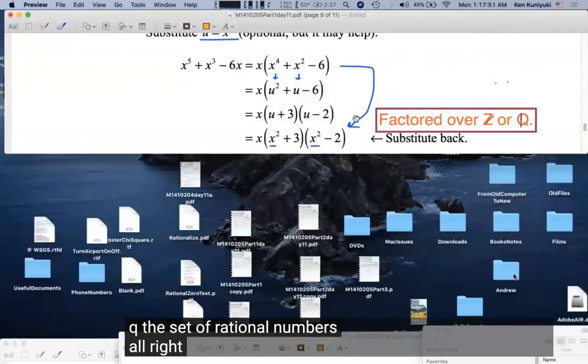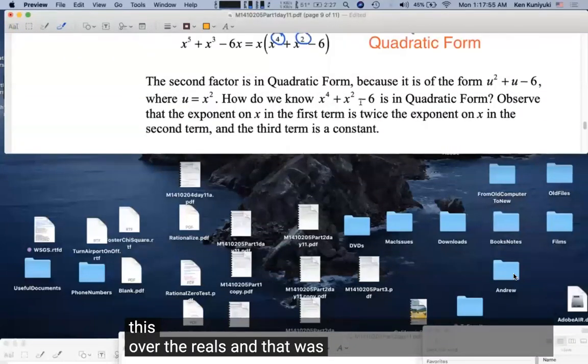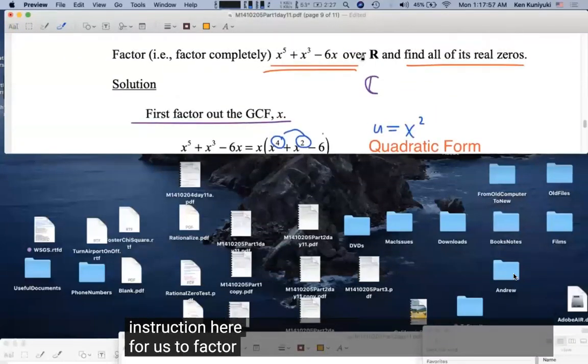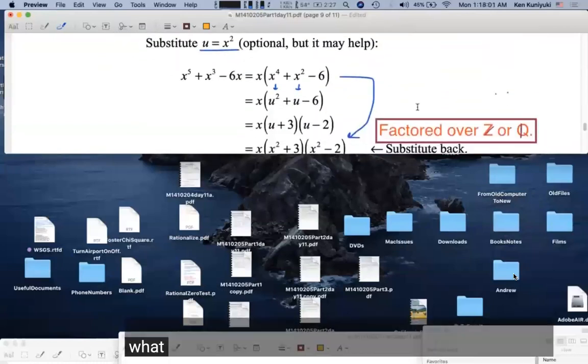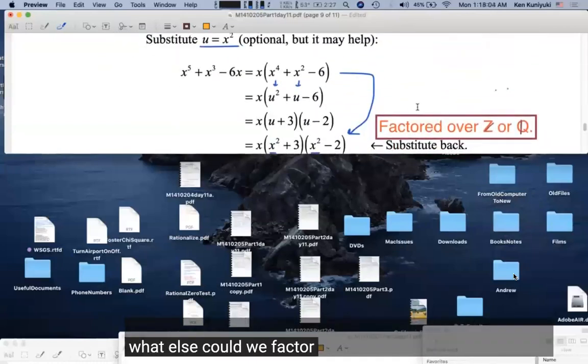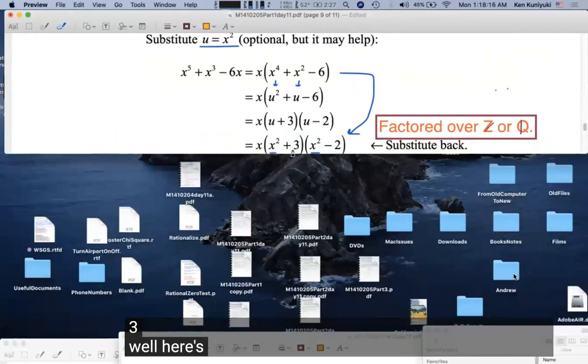All right, but if we wanted to factor this over the reals, and that was the instruction here for us, to factor over the reals, what else could we factor? Well, the x is just a nice linear. It's just an x. Over here, x squared plus 3. Well, here's a hint.